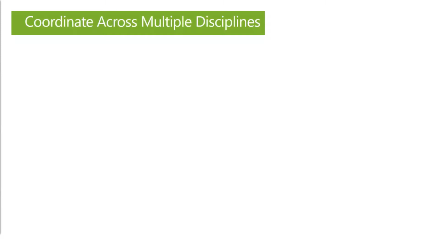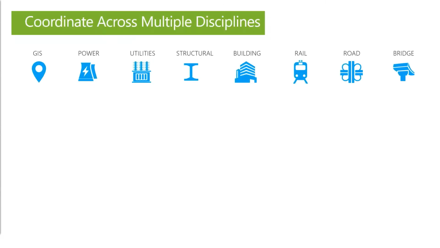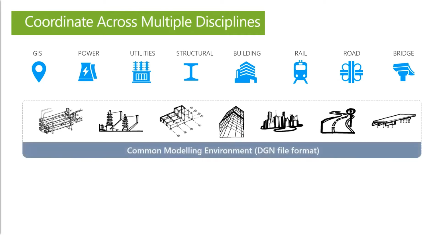So how is this possible? For Bentley, as you saw in the diagram earlier, we cover almost all the infrastructure classes in the world, be it power, utilities, rail, road. You can actually bring everything together if you wish. How this is possible is because we have what we call a common modeling environment. All our 3D modeling is done in the DGN file format.